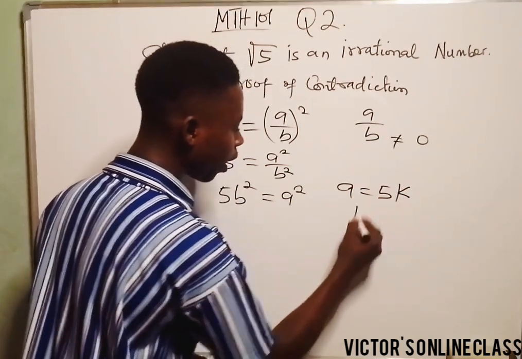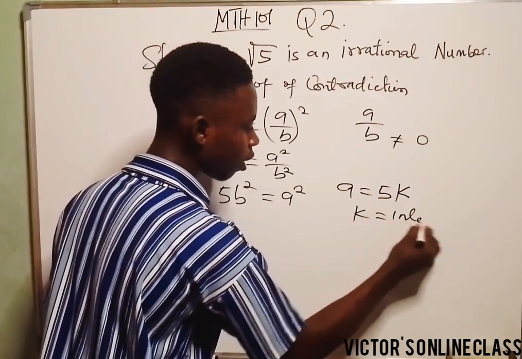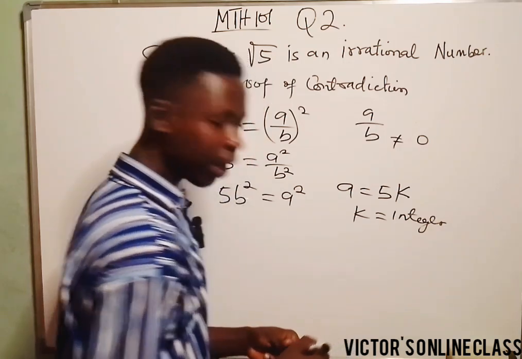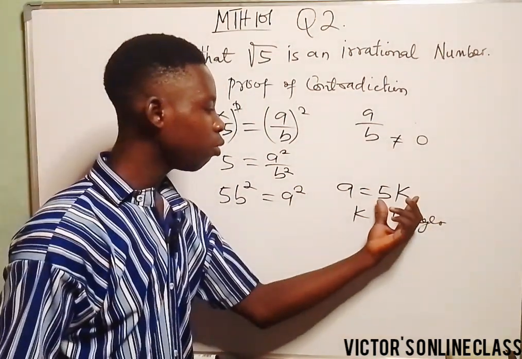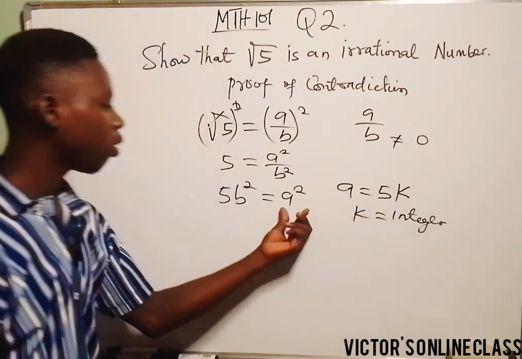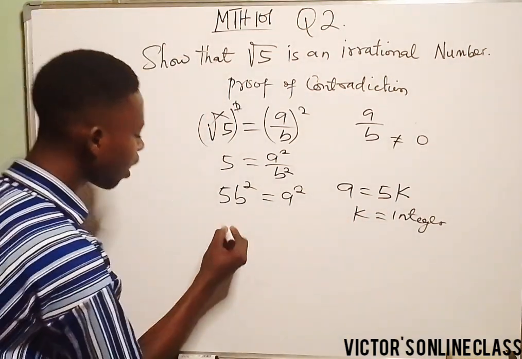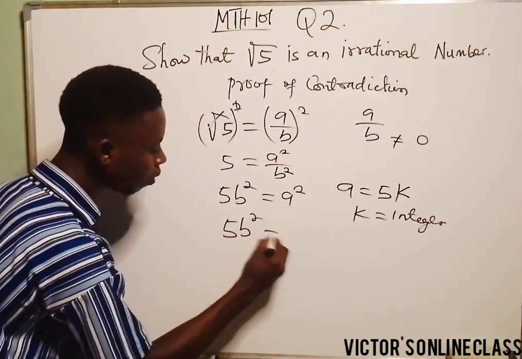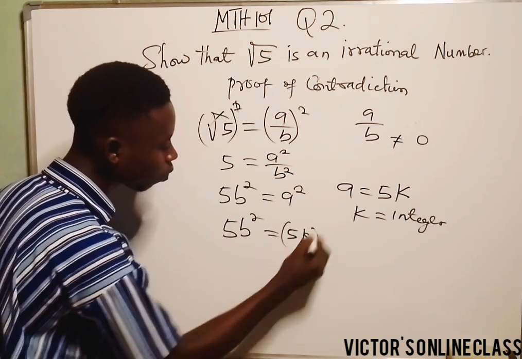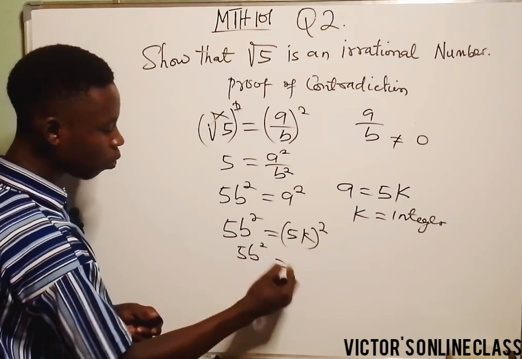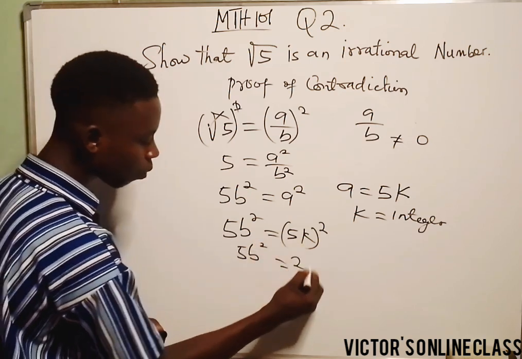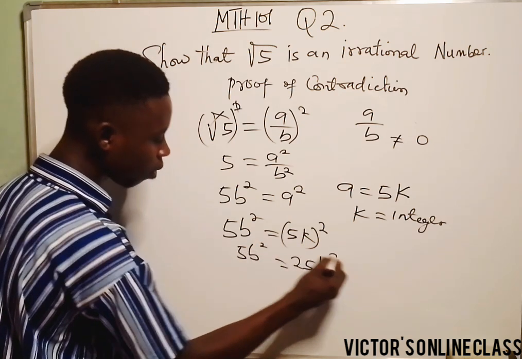Now, we take a to be equal to 5k, where k is an integer. Now, as k is an integer, we are going to substitute 5k in a squared. And then you have 5b squared is equal to 5k all squared. And then you have 5b squared is equal to 25k squared.